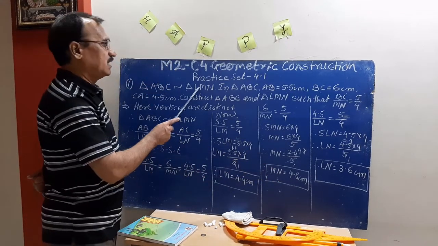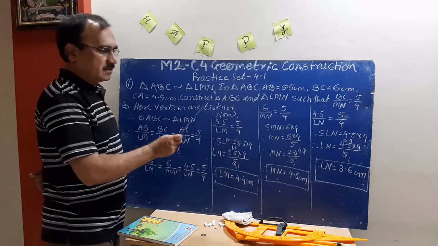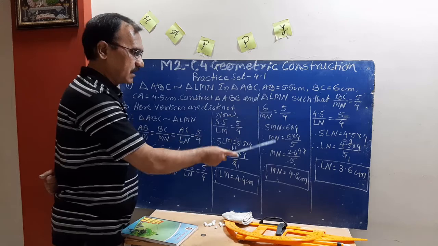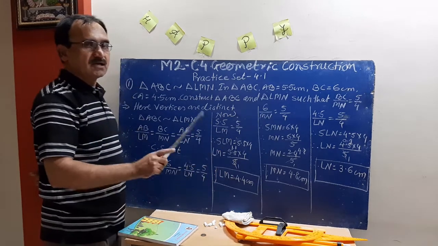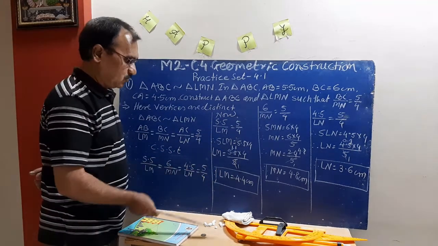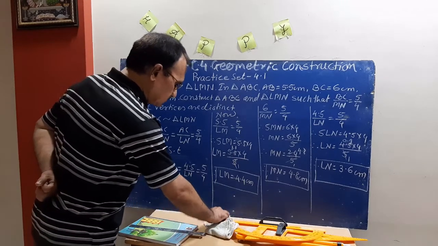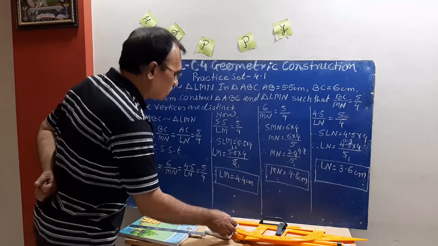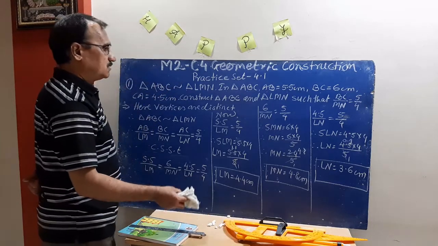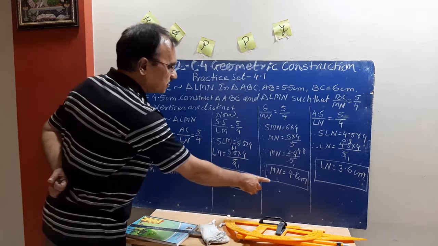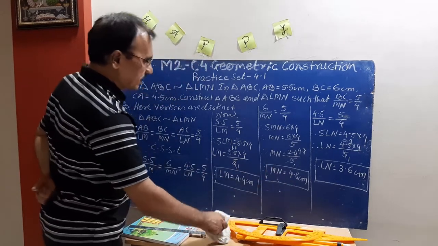Which one is triangle LMN? Now here all measurements are present here of triangle ABC and triangle LMN. We can construct both triangle with the help of our equipments. But here for minimum space we have to construct, space for construction, and we can write only the measurements of sides of triangle.